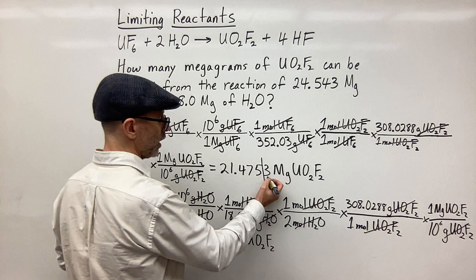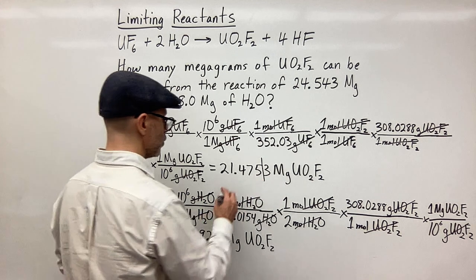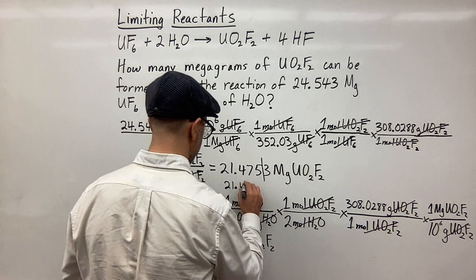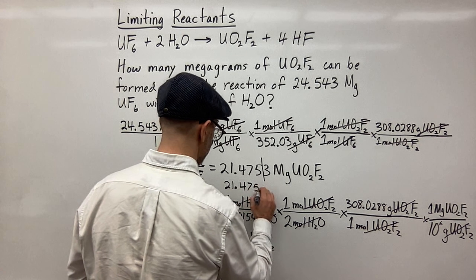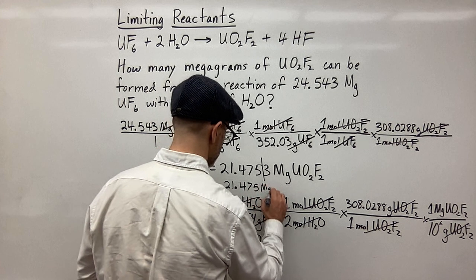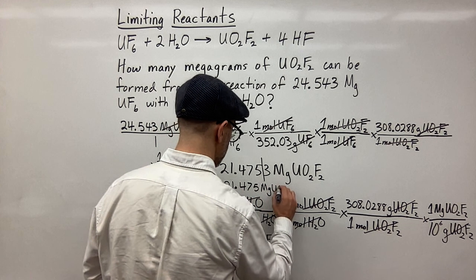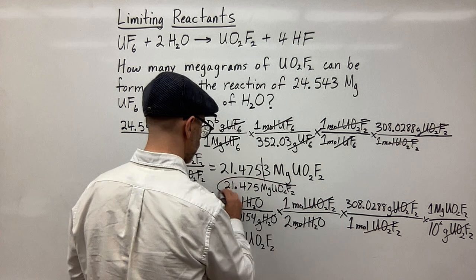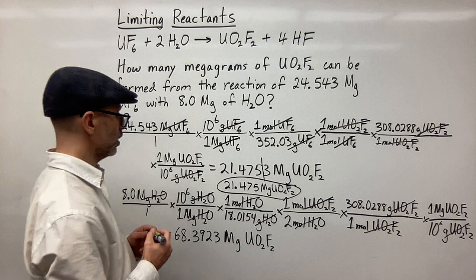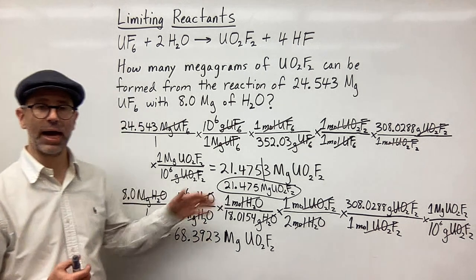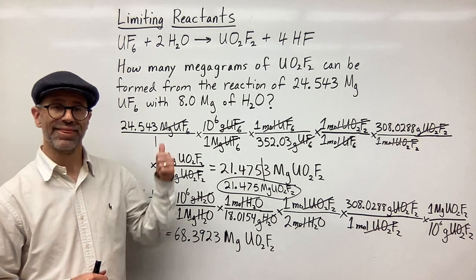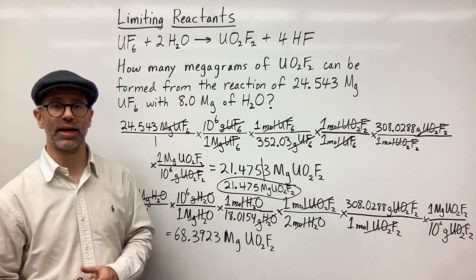Since this is a 3, we don't round the 5. So the final answer would be 21.475 megagrams of the UO2F2. So that is our amount. That's the maximum amount that can be produced from these amounts of reactants.